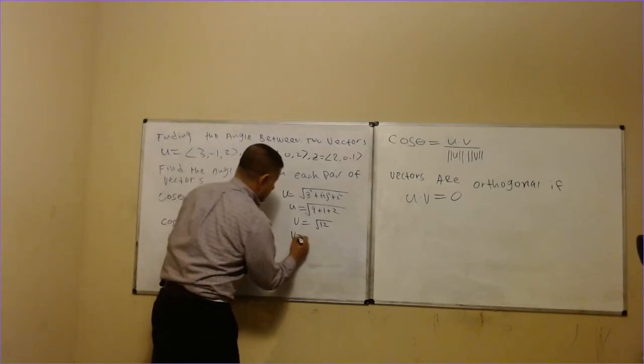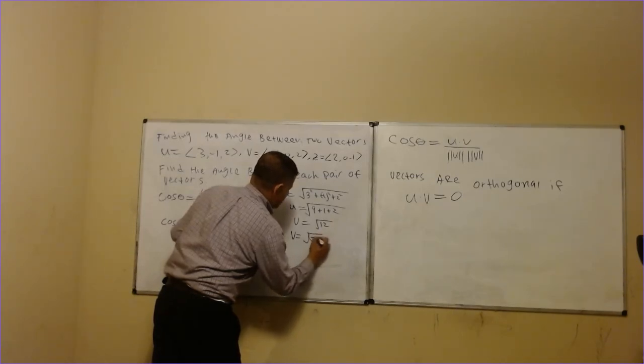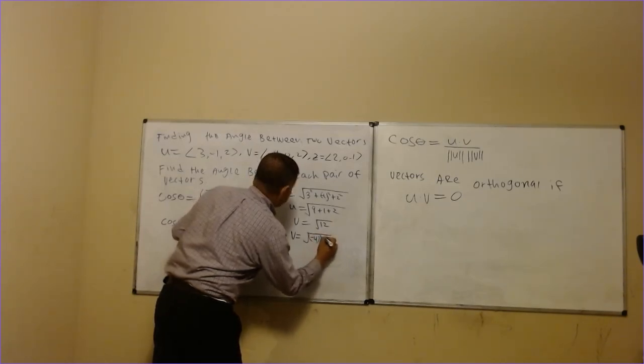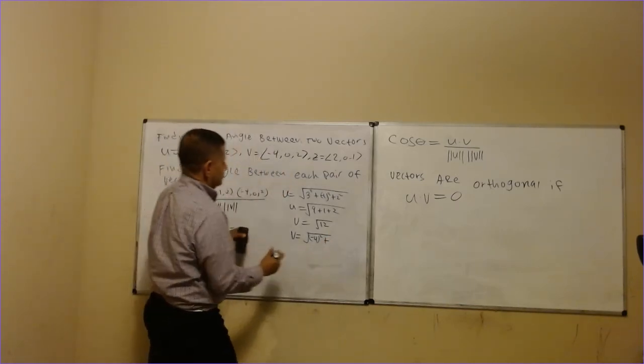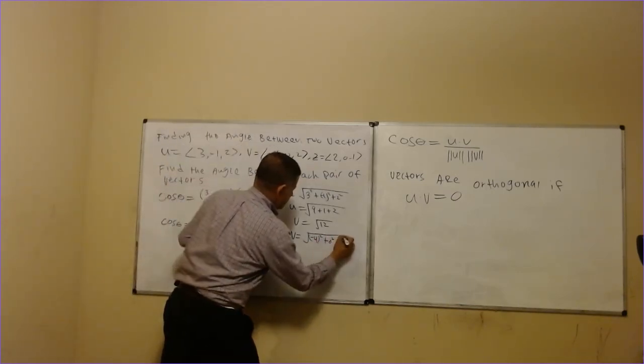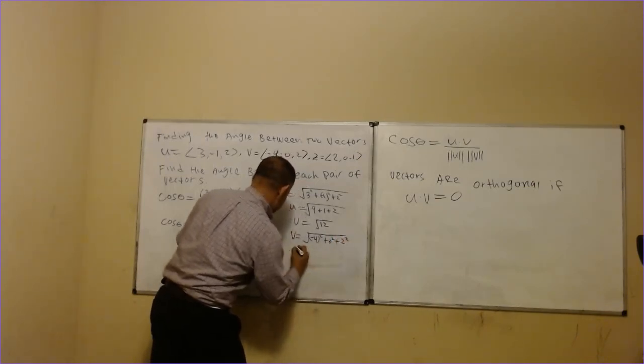V is going to be equal to the square root of negative 4 squared plus 0 squared plus 2 squared.